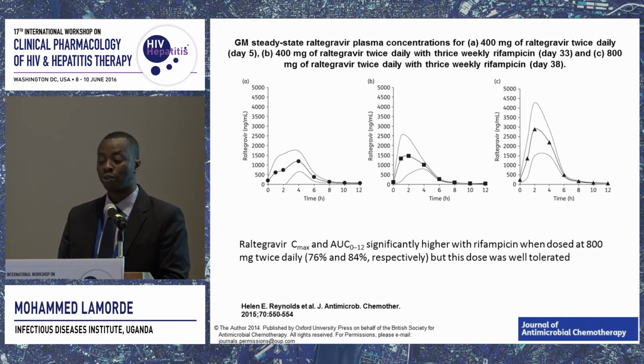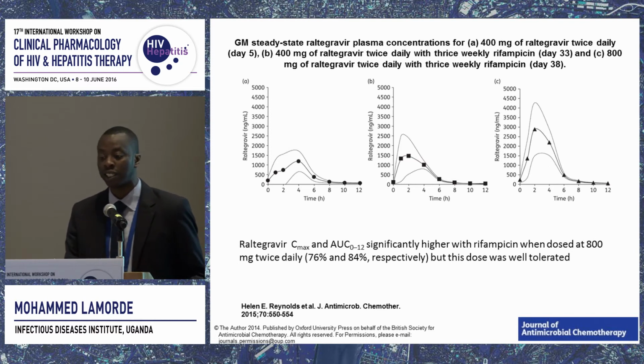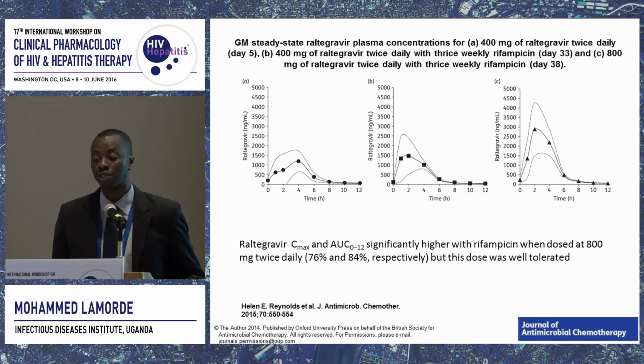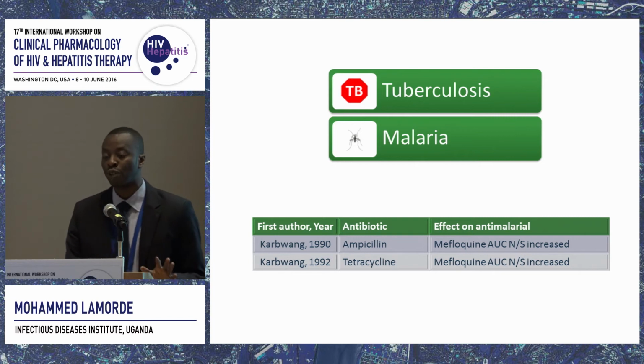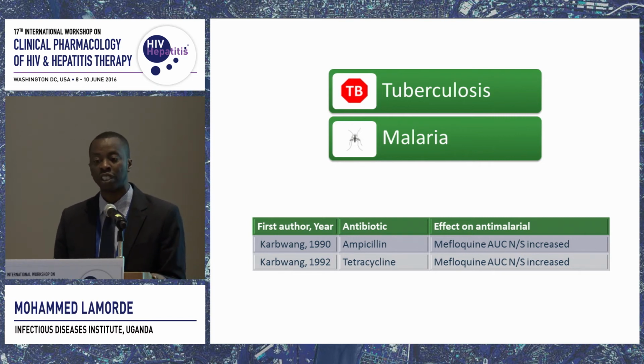With this study, they were able to demonstrate that by doubling the dose of raltegravir to 800 milligrams twice daily, they were able to achieve higher concentrations of raltegravir, 76% and 84% respectively for Cmax and AUC, and well-tolerated clinical outcomes. This is actually recommended in that paper as an approach to deal with that. So once again, a different way of thinking about what exactly the patient is really getting and trying to figure out what the effect of the interaction is.